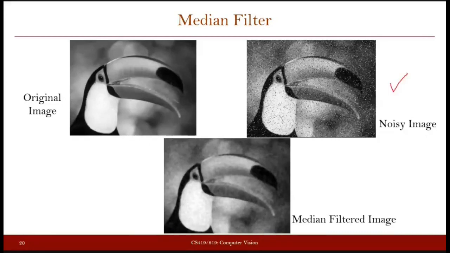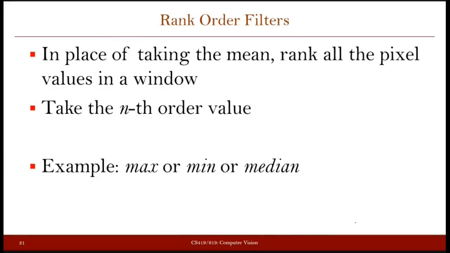You see this example here, where because of the noise the pixels have turned either very white or very black. That is why we call this salt and pepper noise: salt is white, pepper is black. Here you find there are pixels which are very black, and some which are very white. In such cases, median filtering can be applicable.